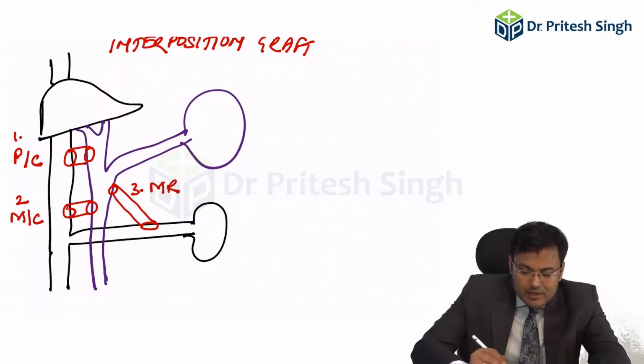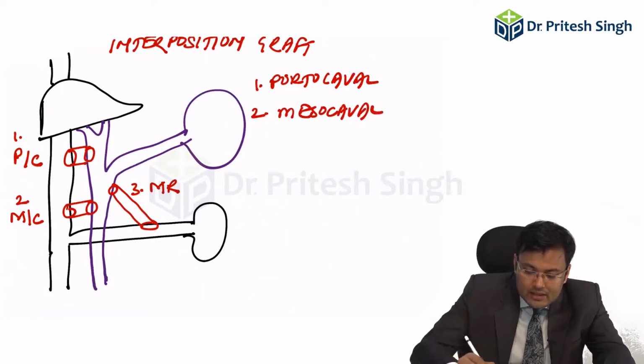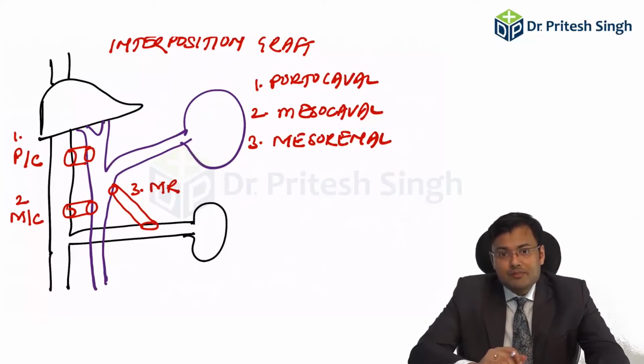So this one is mesorenal. So first is portocaval, second is mesocaval, and third is mesorenal. These are interposition grafts which are used.